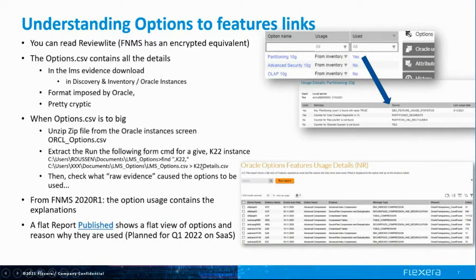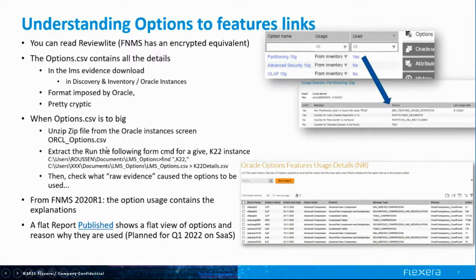So if you were to deep dive into the options.csv, it contains really a lot of information, but a lot is actually useless. If you want to take advantage of the Oracle transparency, which I encourage you to do, use this one, which will actually give you the why of the usage of the instance.